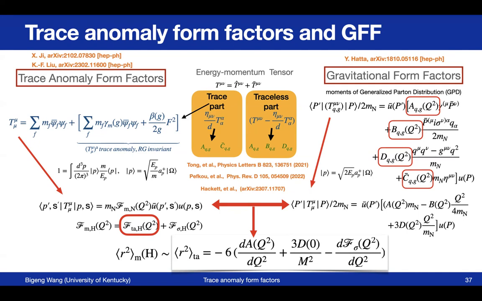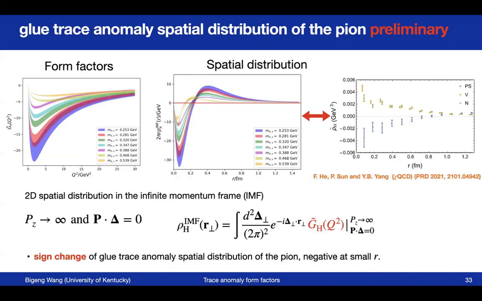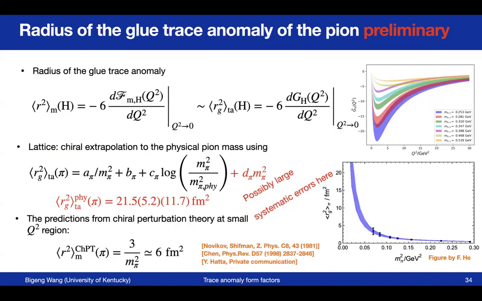I think the reason might be that the mixing is not entirely accounted for, so the gluon F squared part will also depend on the C bar G. So that might have a very different magnitude for the pion than for the nucleon. That might be something possible to extract. Yeah, we can look at your numbers and data and see where it comes from and figure out what the problem is.